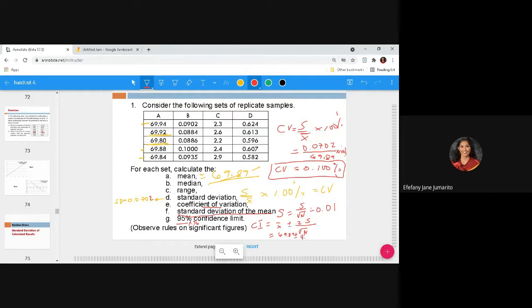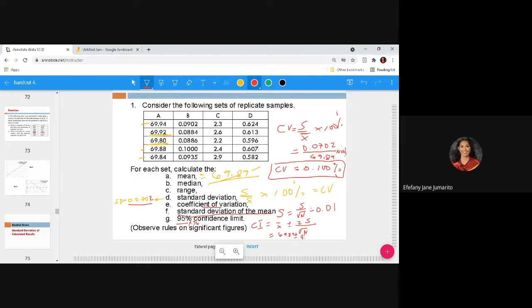Are you sure? Try again. Let's recompute Z times S over square root of n. What is the value of S, ma'am? S is your standard deviation. 0.0702. So we have 0.1375, ma'am. 0.25, ma'am. Try again.